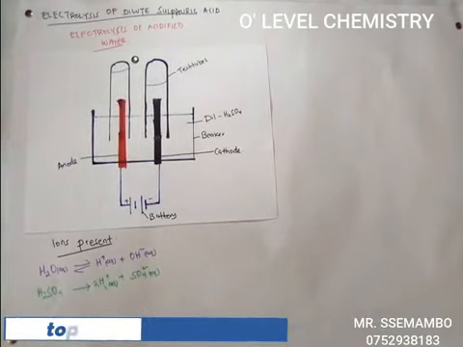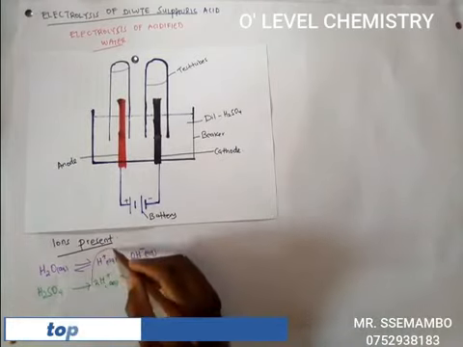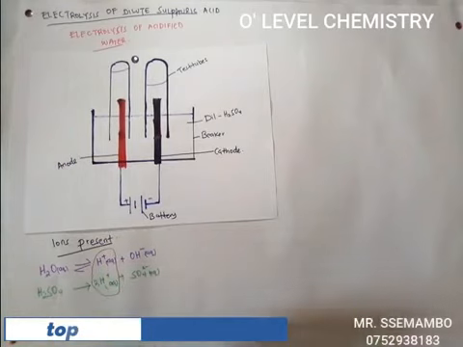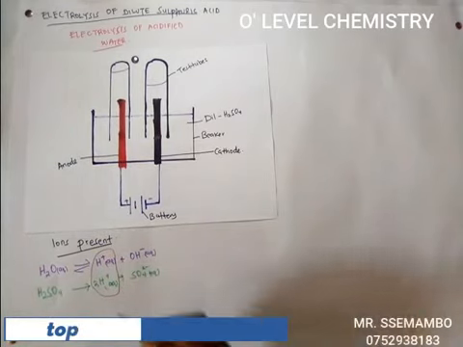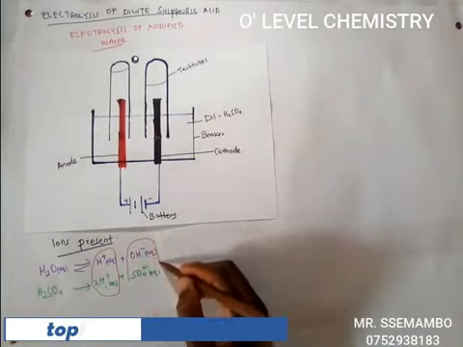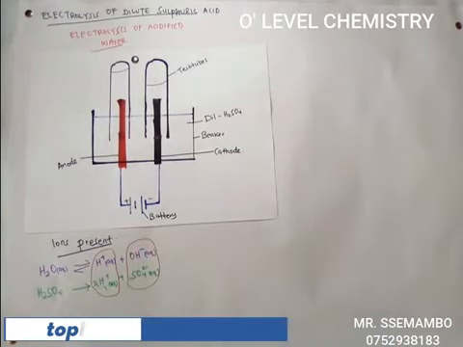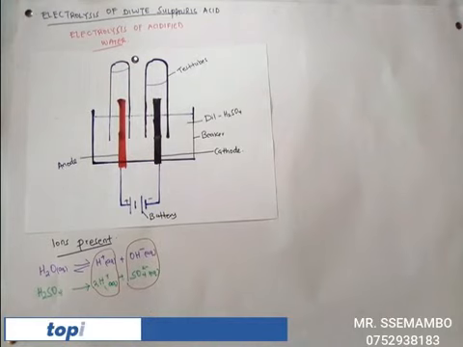Now when you look at that reaction, we have hydrogen ions from water and sulfuric acid. Then we have sulfate ions and hydroxyl ions from water and sulfuric acid.